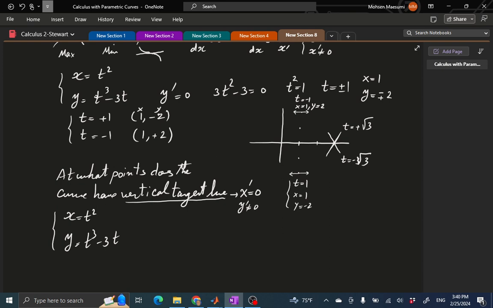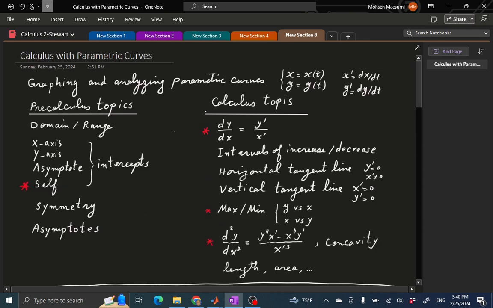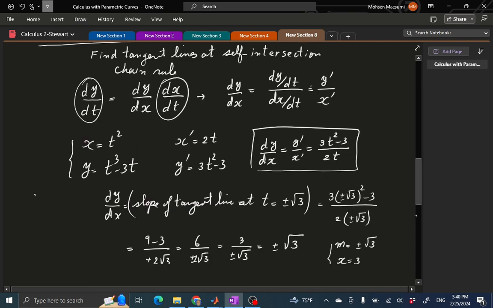So when x prime is 0, this ratio tends to infinity, which signifies that the line is vertical. Vertical lines don't have a slope, or their slope is infinity, and one way to signal that is that your denominator is 0.